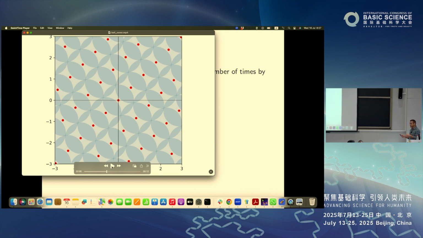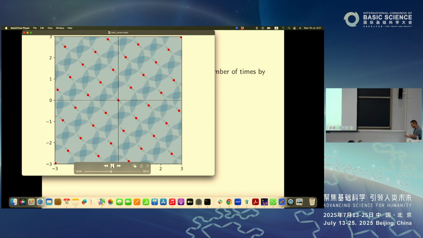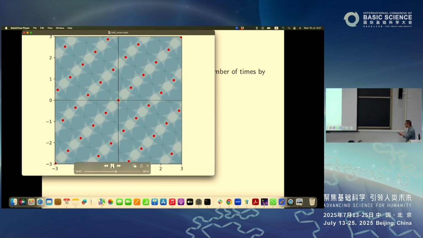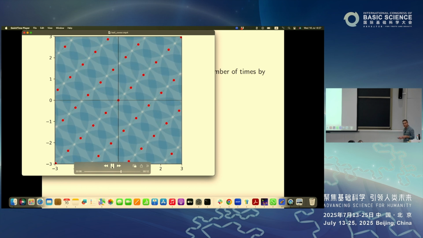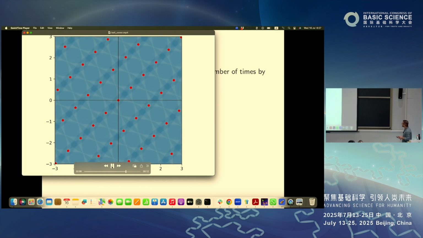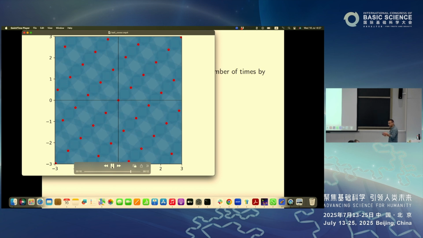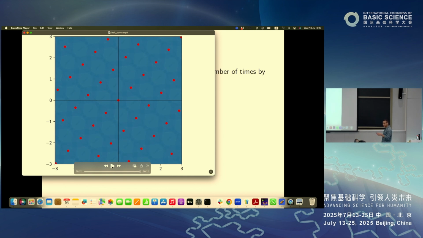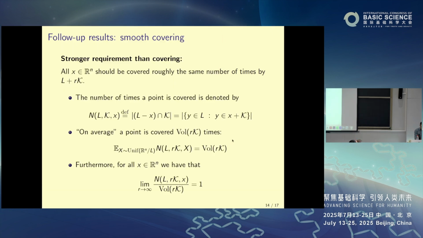So the picture is really not uniform in space. If I keep inflating more and more, you see that the color map becomes more uniform. And at some point, when I inflate enough, I will get an almost uniform color map, which means that every point in space is covered roughly by the same number of balls. So this is what we ask now. I want to understand what are the conditions for this to happen.